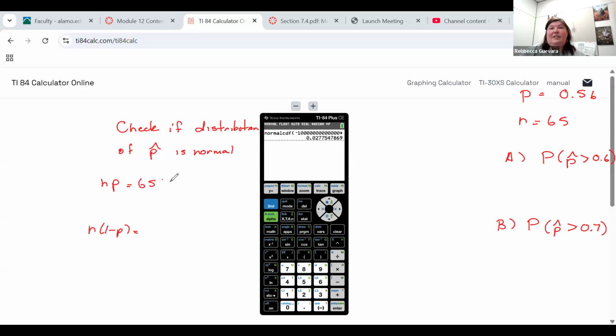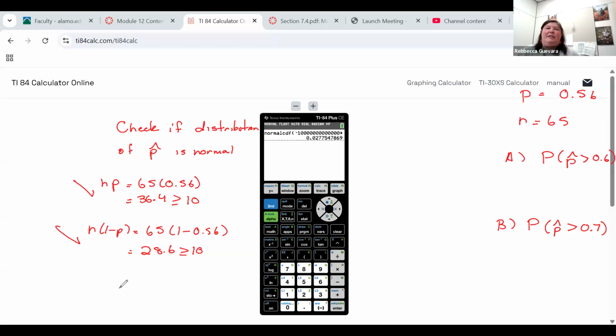So that is 65 times 0.56, which is going to be 36.4. So that is greater than 10. So that's okay. This is going to be 65 times 1 minus 0.56. And that is going to be 28.6, which is also greater than 10.